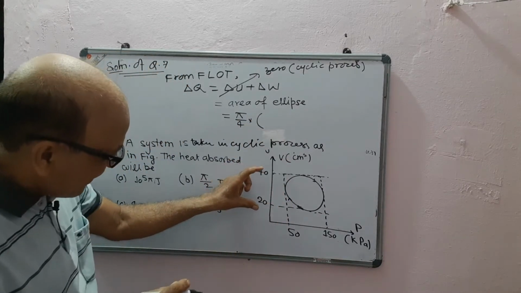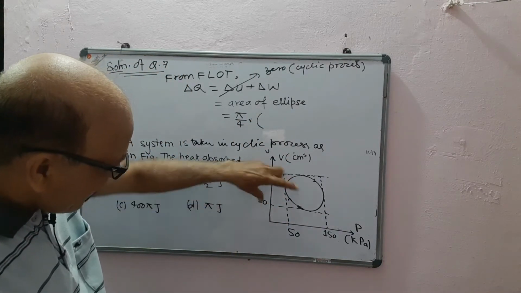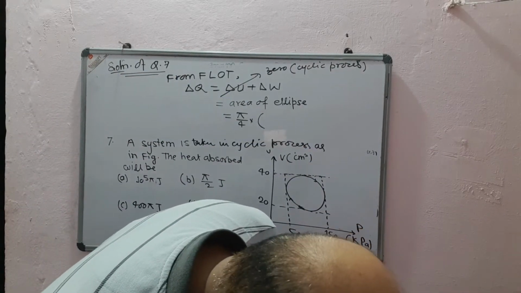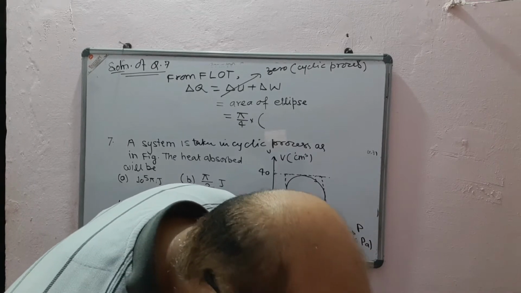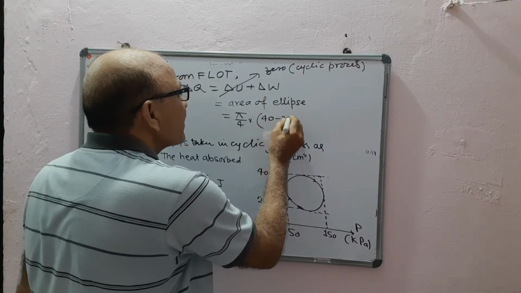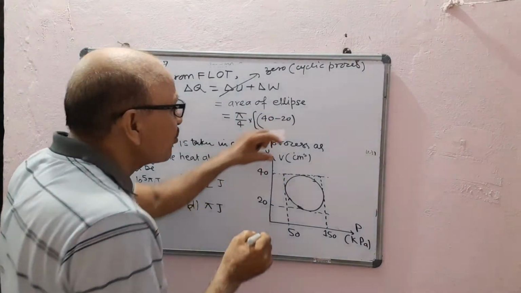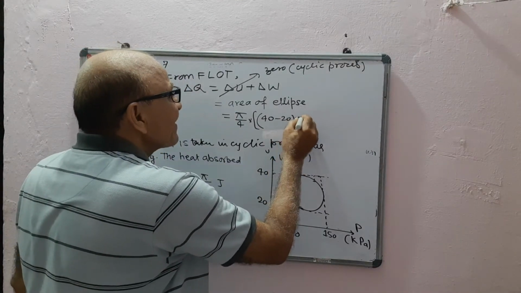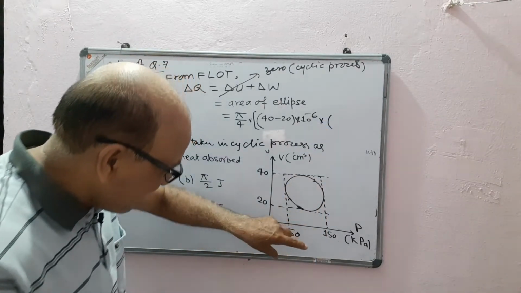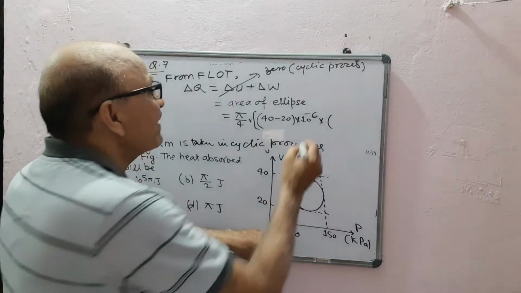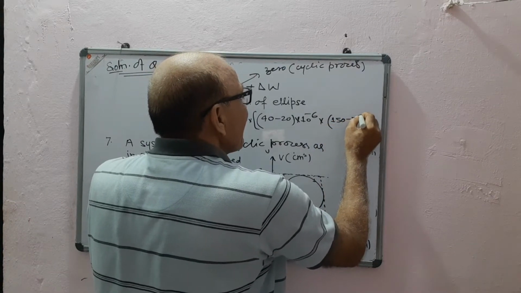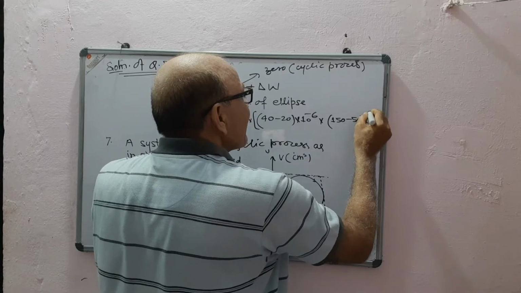Into this into this. So pi by 4 into 40 minus 20, into cm cube meaning 10 to the minus 6, into 150 minus 50, into kilopascal meaning 10 to the power 3.